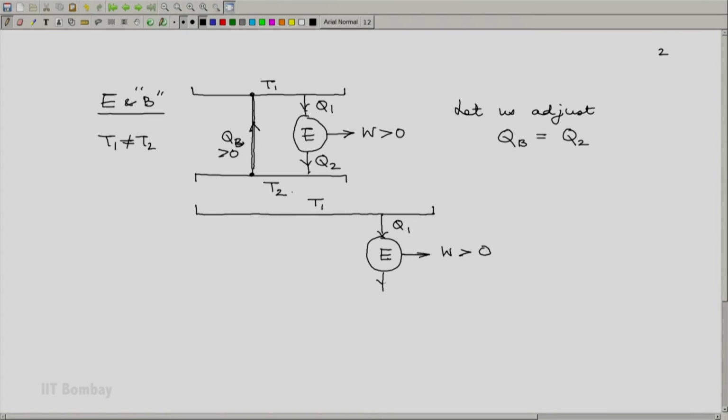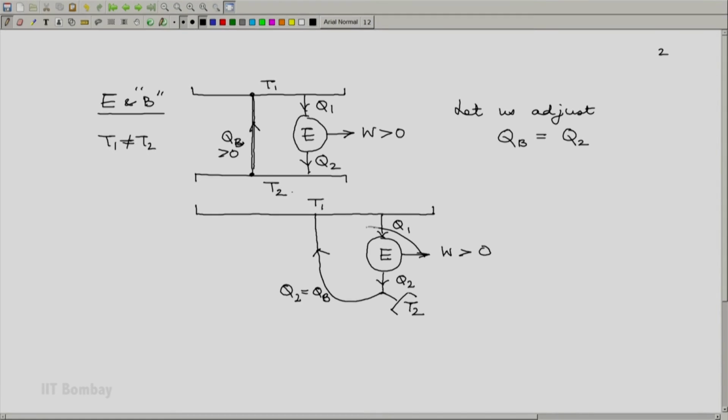The engine E is rejecting heat Q2 to the reservoir at T2. But T2 says that, look, I do not really have to receive it because Q2 is now equal to QB, and the reservoir at T2 is providing Q2 equal to QB back to the reservoir at T1.